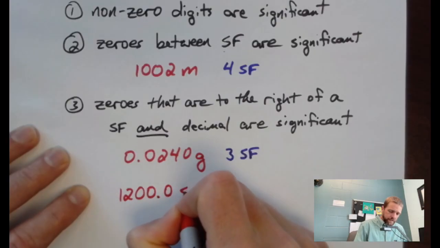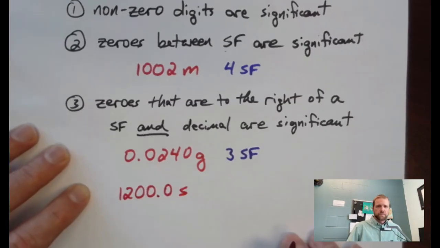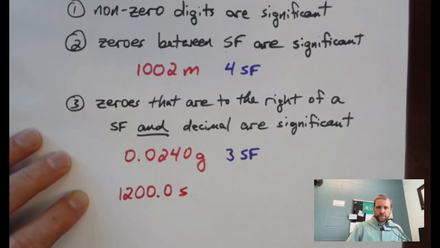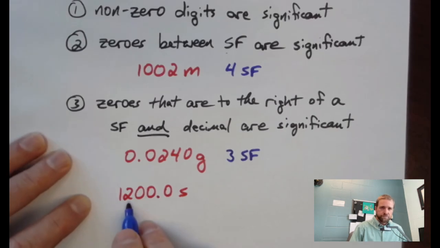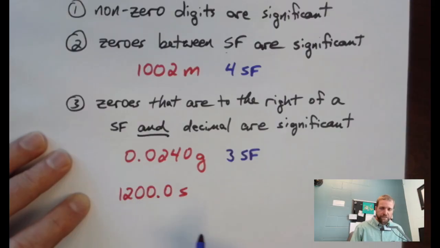Let's look at another example. 1200.0 seconds. Okay. Now, if we look at these, let's look at first, these two are significant. The 1 and the 2, they are significant. So the question is, are any of the zeros significant? Well, if we look at these two right here, we don't know about those yet.